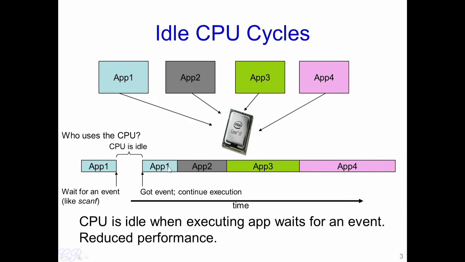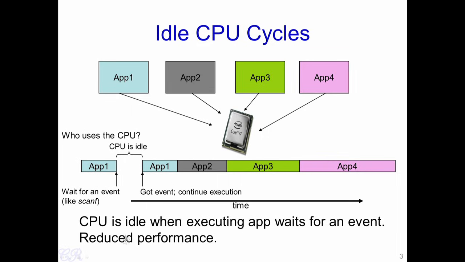Thus, we see that even though this scheme of executing one application after the other completes is very simple, it does not utilize CPU time adequately or efficiently, because every time that the application requires an event, the CPU would be idle until that event actually occurs.